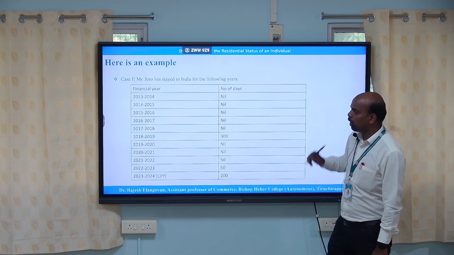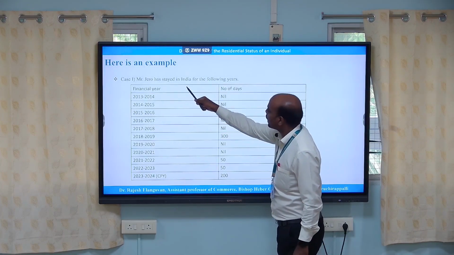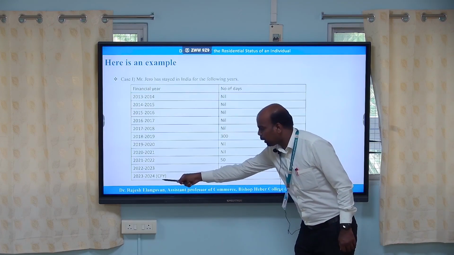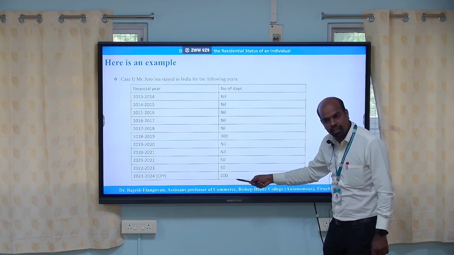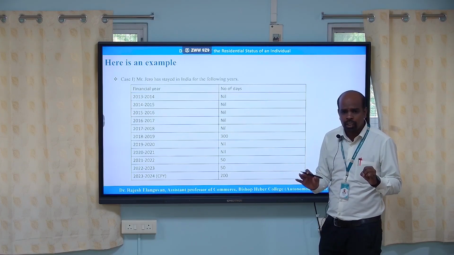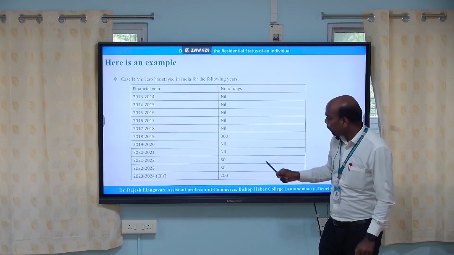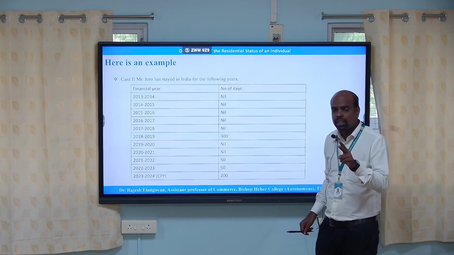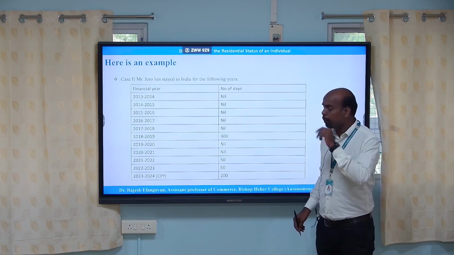Have a look at an example. Mr. Jero has stayed in India for the following years. First, let me check the current previous year. In the current previous year, he stayed for 200 days. Therefore, he satisfied basic condition A, so he can be called a resident. But if I check additional condition 1, he is supposed to be in India as a resident for 2 years out of the 10 preceding previous years.